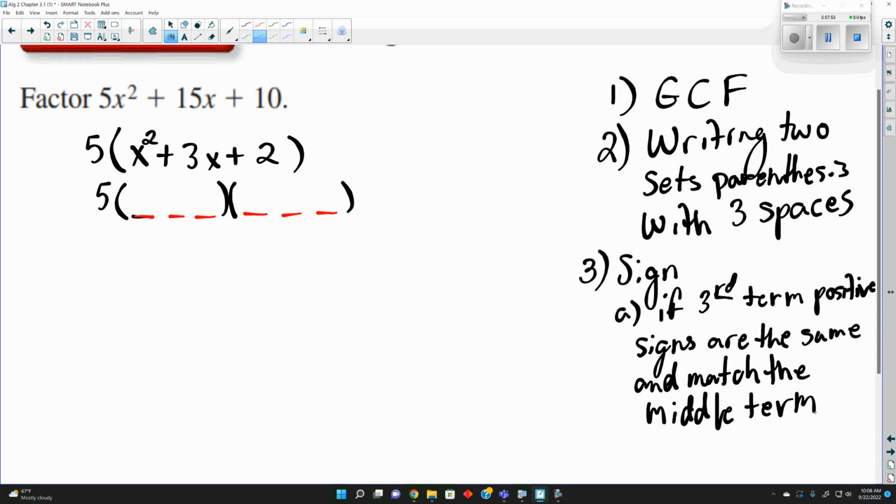So our third step is really finding the signs. So if the third term is positive, the signs are the same and match the sign of the middle term.